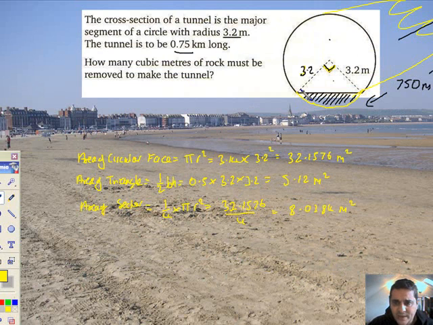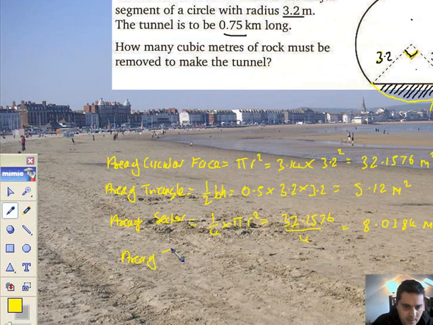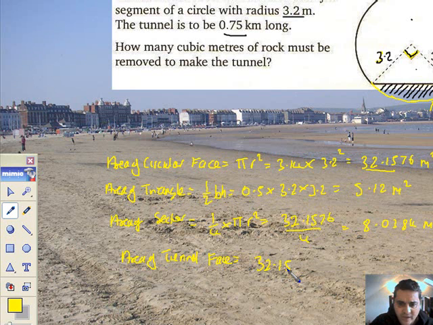To have the area of the tunnel, I need the area of all this, including the triangle, but excluding that little segment there, the minus segment, if you will. In other words, a smaller bit of the circle. So I took the entire area of the whole circle, so the area of the tunnel face is going to be the whole circle, 32.1576.